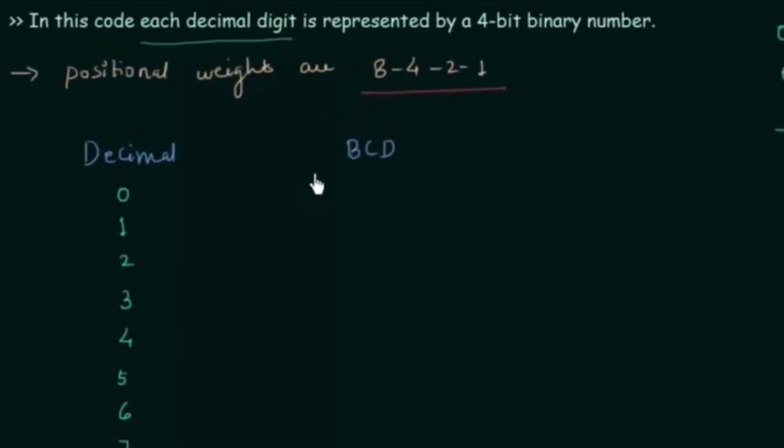So the weight of the MSB is 8, then 4, then 2, and the weight of the LSB is 1. For 0, we make all 4 bits equal to 0. We represent each decimal digit by a 4-bit binary number. To represent 1, we write 0001 because the weight of the LSB is 1. For 2, we write 0010.